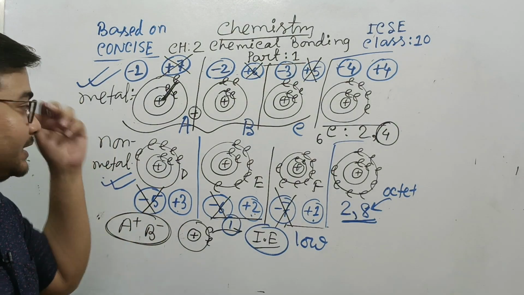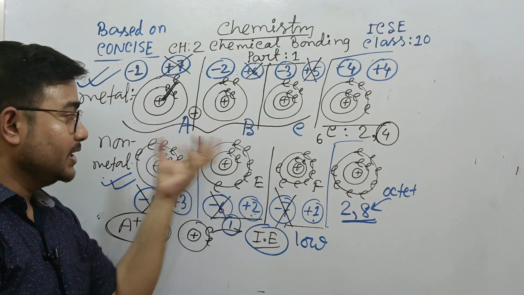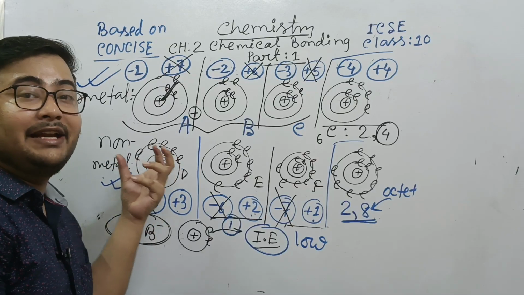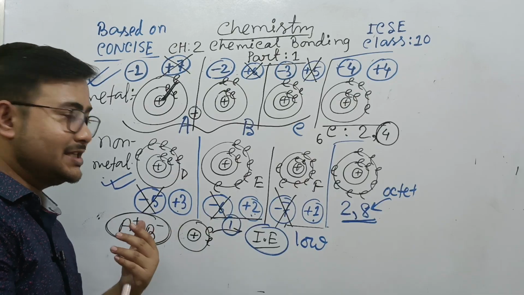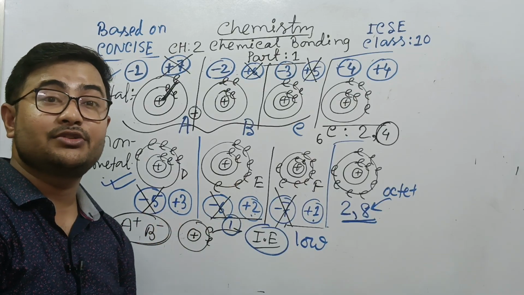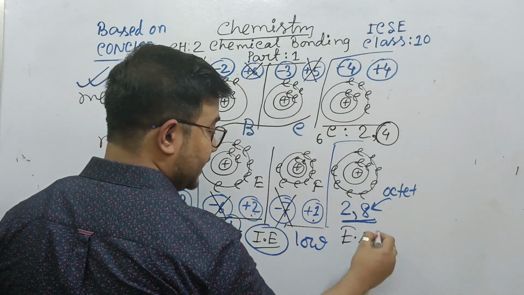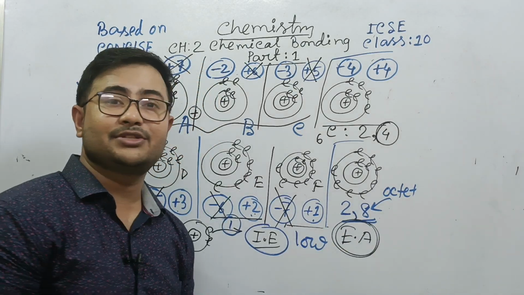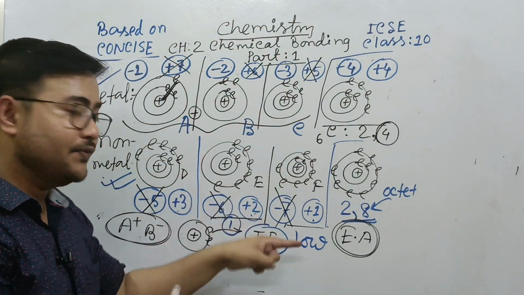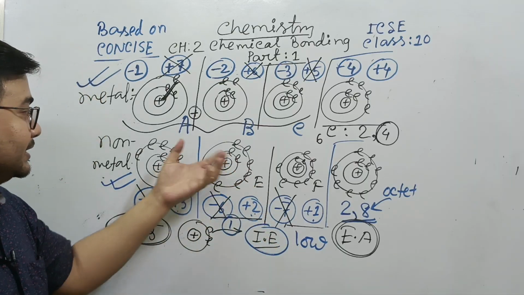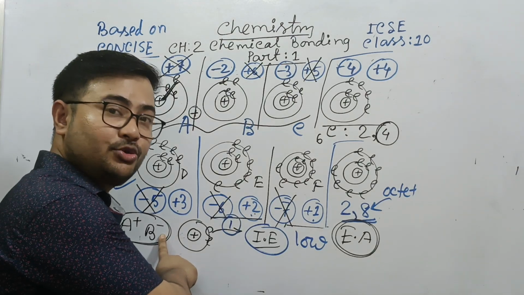Now tell me, in case of non-metals, will they release or accept? They have a very high tendency to accept the electron. Now tell me, if you covered the previous chapter, acceptance of electron is known as what? Electron affinity. So they have very high electron affinity, so that they can accept the electron and form what? Negative charge. Do you understand?